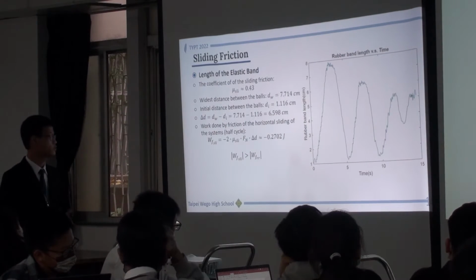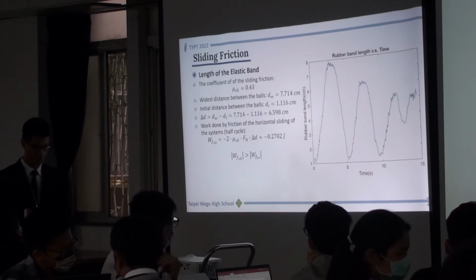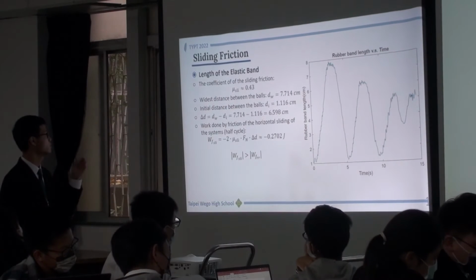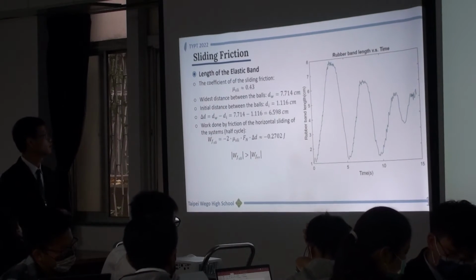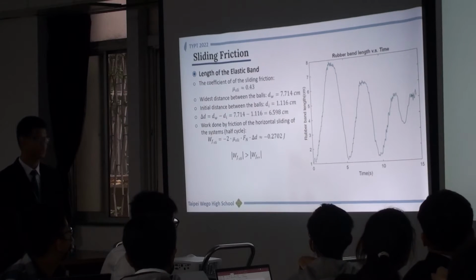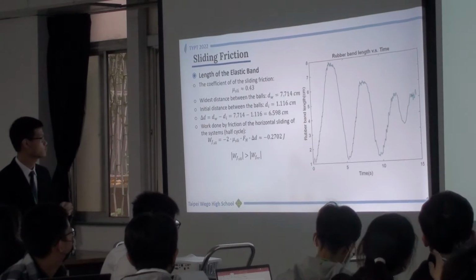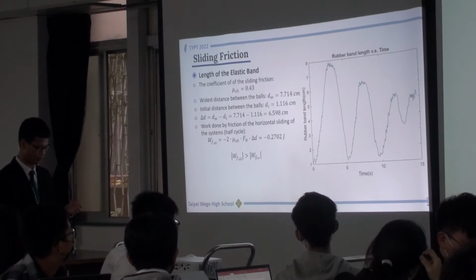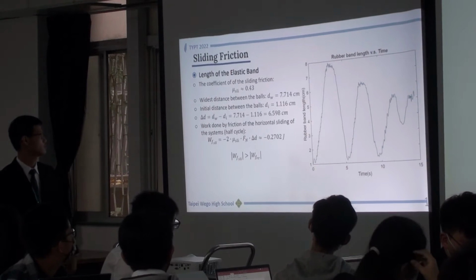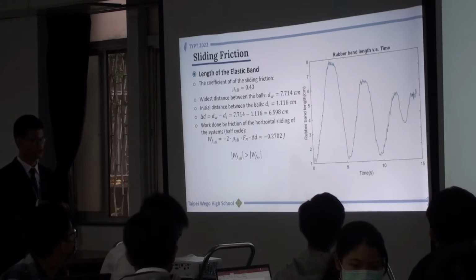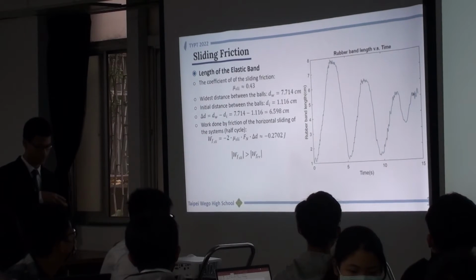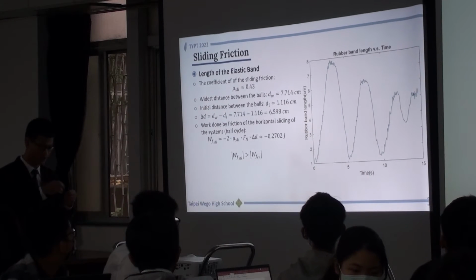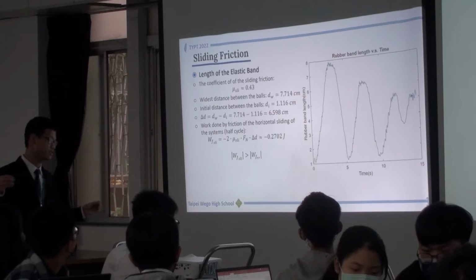To consider the radial sliding, we assume the main force acting on it should be the sliding friction. To calculate the work done by the sliding friction, we first approximate the coefficient of sliding friction, and then we can use Tracker to track how much the elastic band lengthens and contracts.